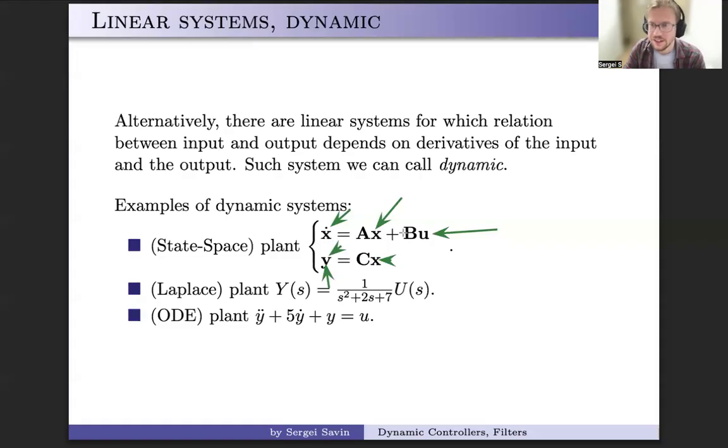So you can see that the output here does not only depend on U, it depends on what X is at a given time, right? On initial conditions, we can say. But since any state we can think of as initial conditions for some future development, it is fair to say that Y depends not only on the input, but also on the state of the system.